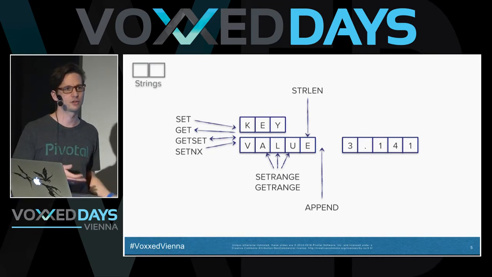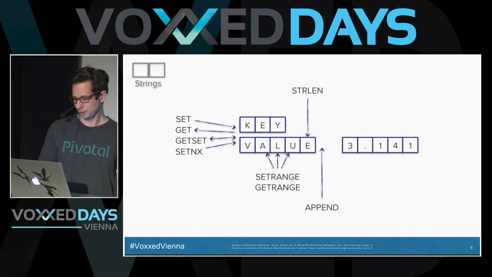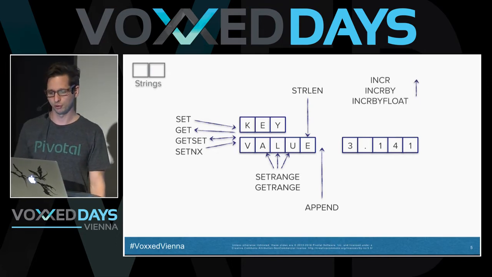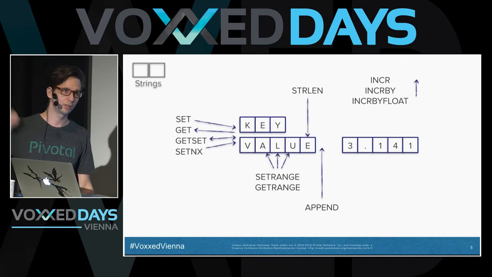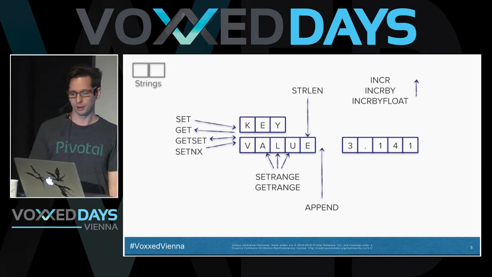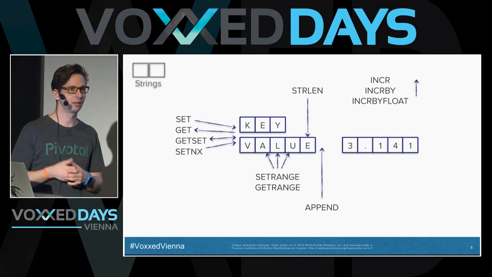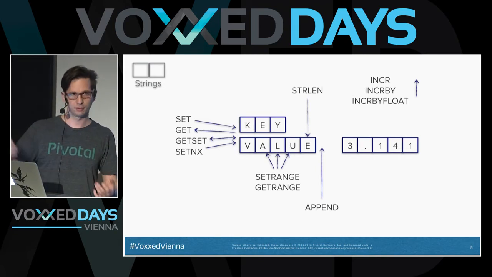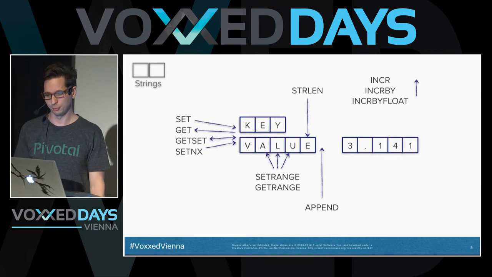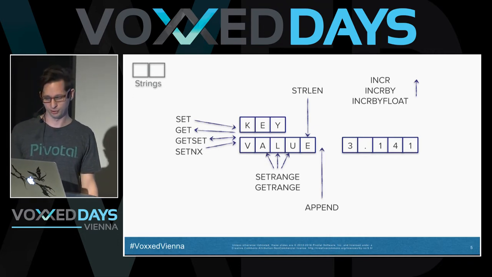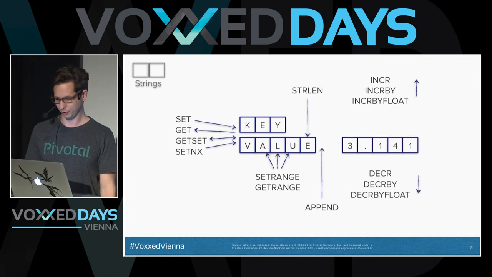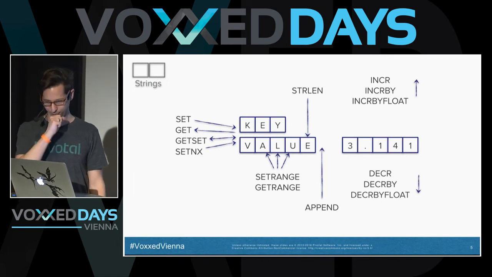Those can be integer or floating point numbers, because on those you can call operations like increment, which would increment the stuff by 1. Increment by, giving a non-floating number, would increment the value there by this, and increment by float if you want to increment the floating point number. And of course, you can do it the other way around by just calling decrease by and decrease by float.